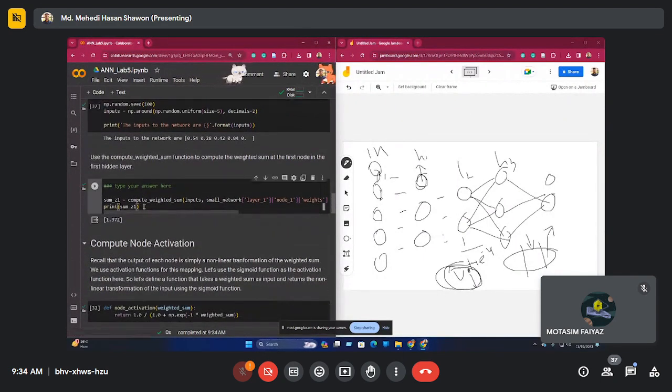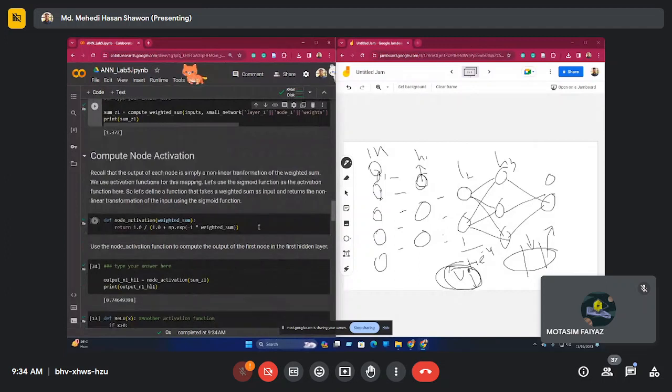Here we are calculating the summation, the computed weighted sum. Whatever we get as bj, we will have to put this bj into an activation function.